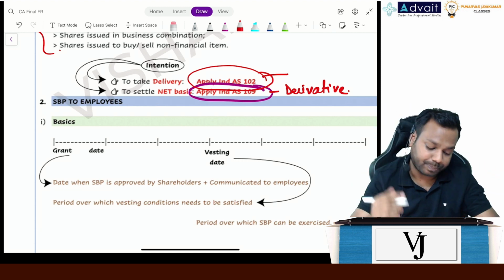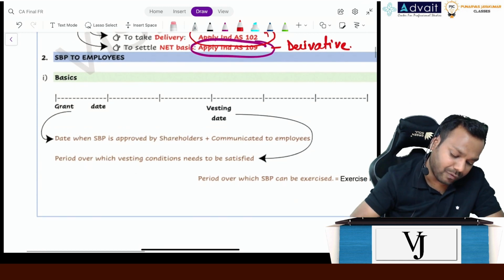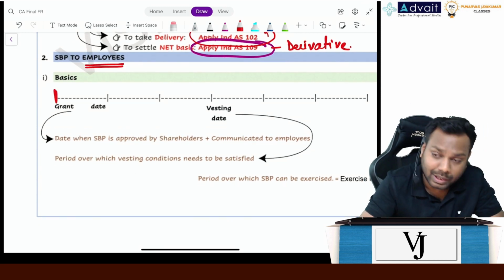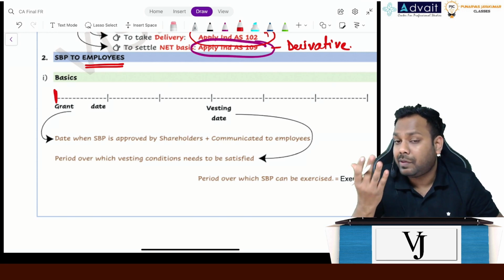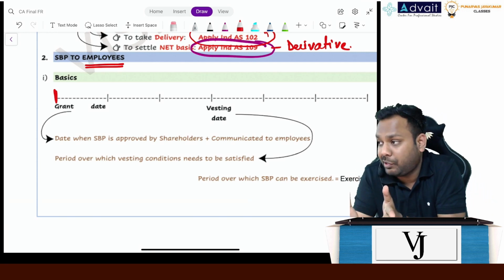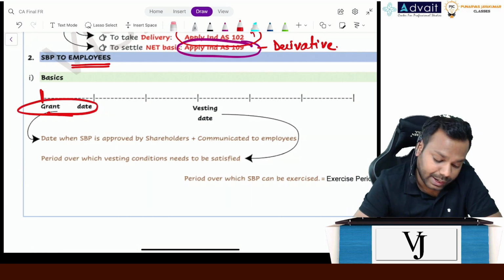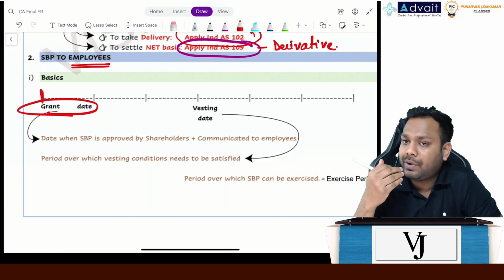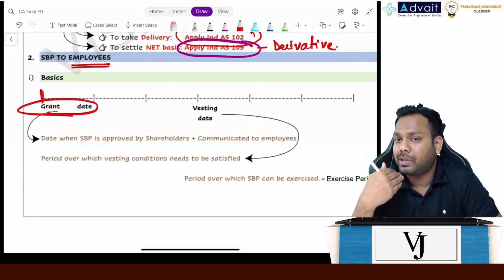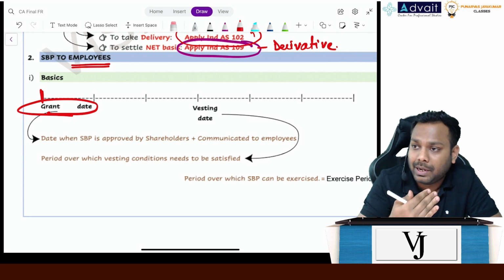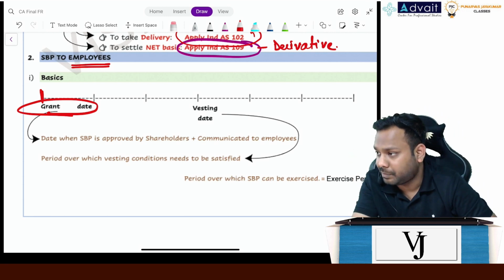Now, what happens when we give the share based payment to the employees? The first date when it is communicated, the date it will become effective, the ESOPs, that date is called the grant date. Now, when I give the ESOPs or share based payments to my employees, it can be either conditional or unconditional.